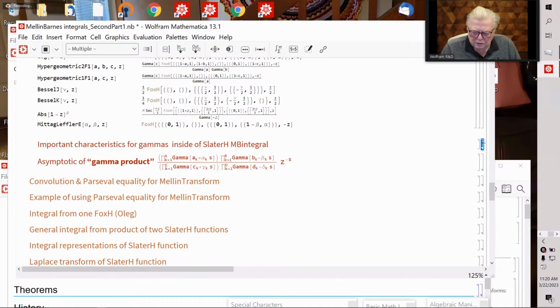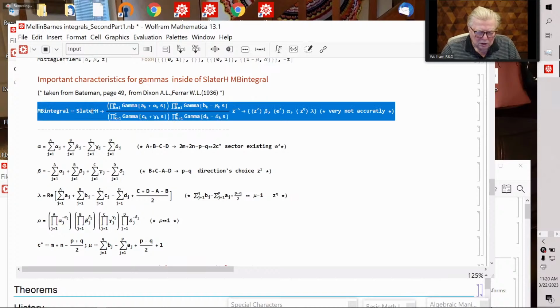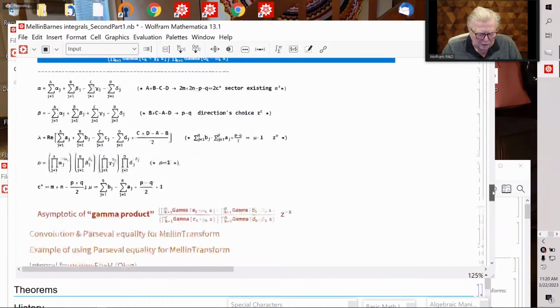This function, which I called the SlaterH function, has the following main characteristics. And why do we have these characteristics, and how do they influence everything?